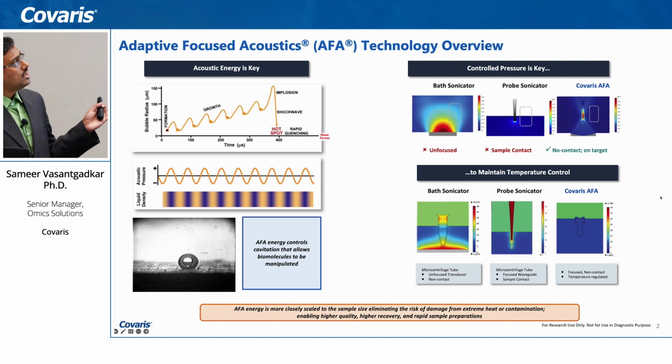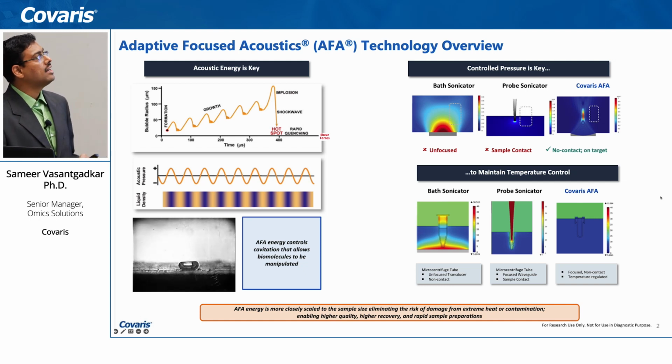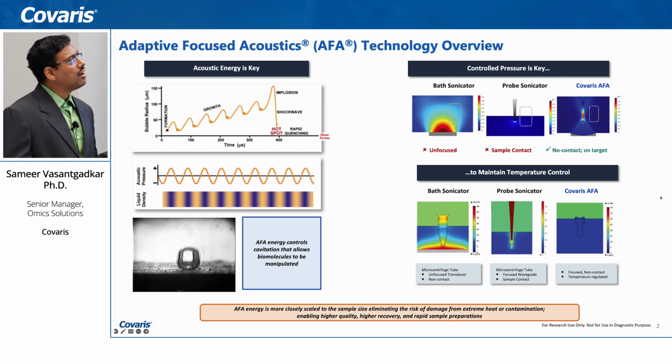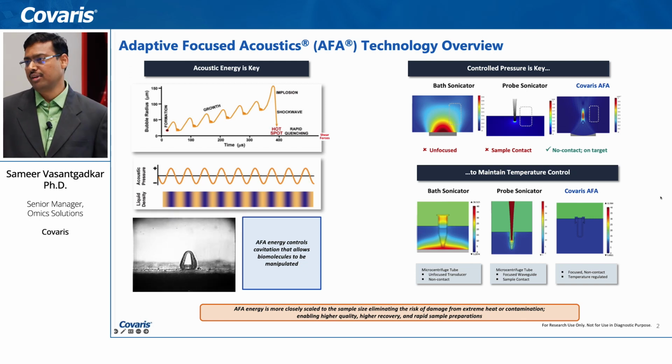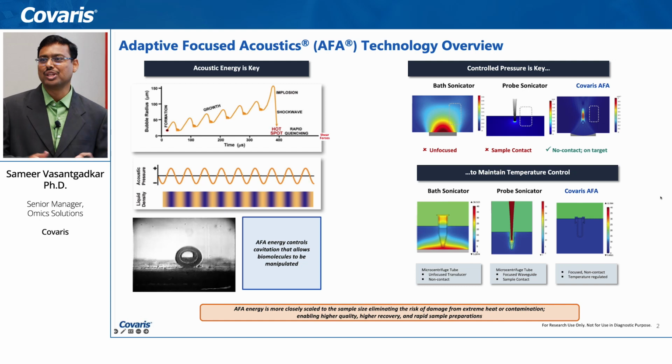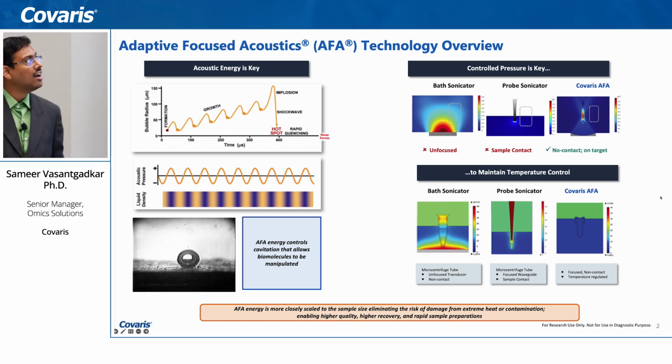The energy is delivered in a non-contact and focused manner, which eliminates the chances of any contamination, as well as eliminates any hotspots. And we all know hotspots are a no-no when it comes to thermally labile biomolecules.